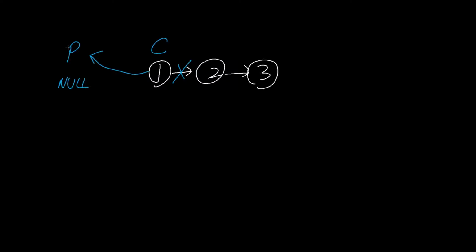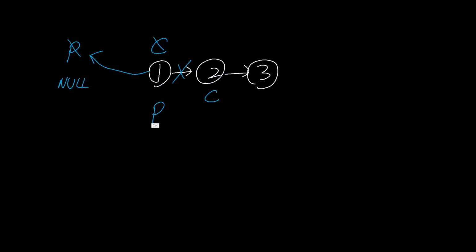So the previous pointer will go here, and the current pointer will go here. But actually, we couldn't do it this way. We couldn't directly change the current pointer here, because we don't have any pointer to store this node, right?